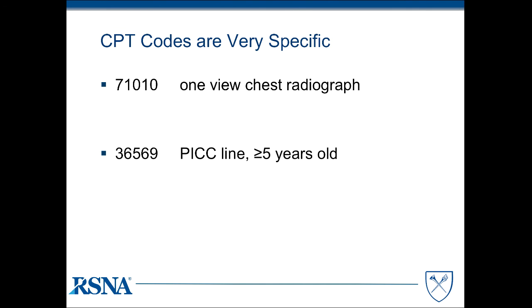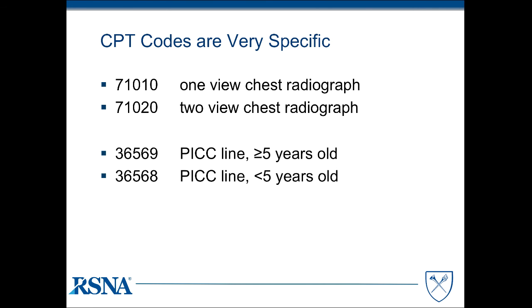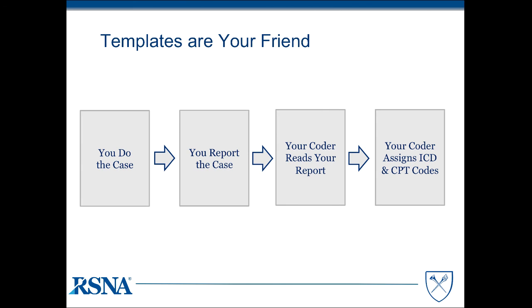And again, CPT codes are very specific here. So I've showed you previously the example of a 1-view chest radiograph and a PICC line in an older child or adult. They're going to be different codes, though, from a 2-view chest radiograph or a PICC in a younger child. So you're going to need to make sure that you capture this information in detail so that it can be translated to your coders. And again, your coders are going to be your friends, and your templates are going to be the way to interact with those friends. There's a lot of rules that come into play here.